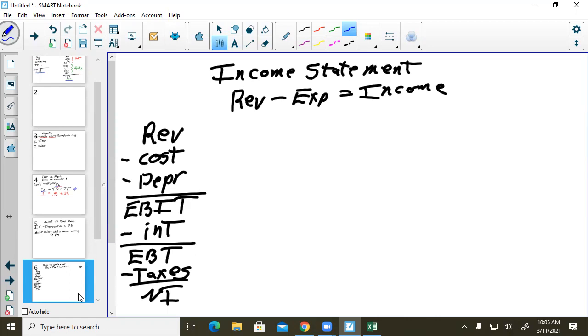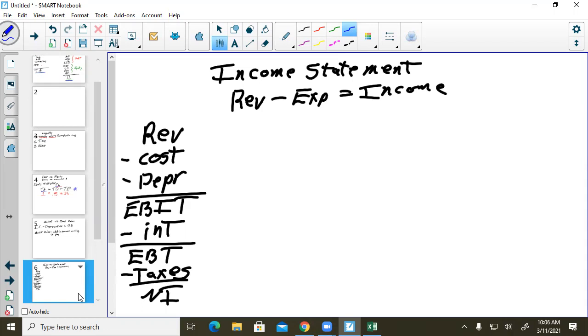Rent, mortgage. Utilities in the building, lights, water, right? Insurance. So I hope you guys are getting the picture. When it says cost, there's a lot of things going into that box. We're going to put costs and have a dollar amount. It's going to be this one line, but there's a lot of stuff in that one line, okay?